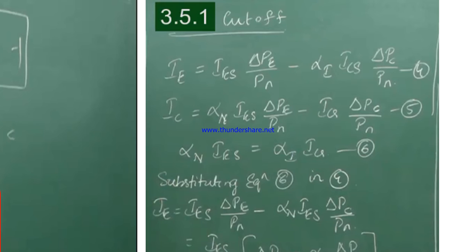These are the equations that we got in the coupled diode model. This one is also from the coupled diode model: alpha n IES is equal to alpha I ICS. So these three equations we obtained from the coupled diode model.